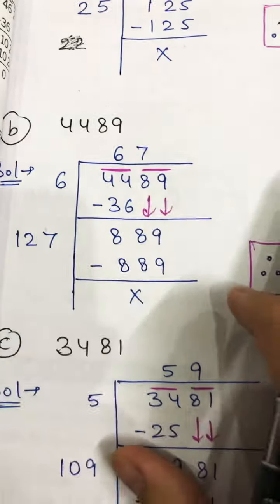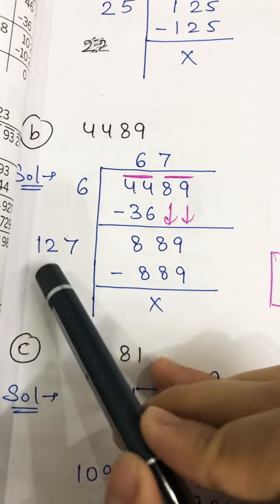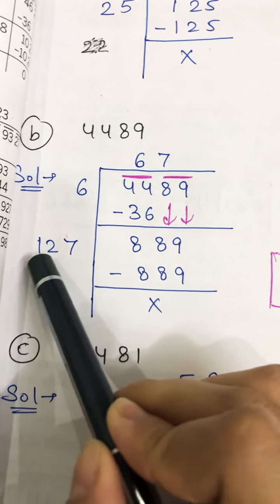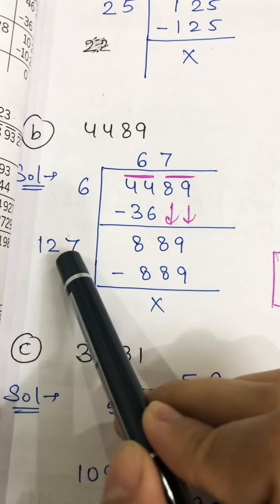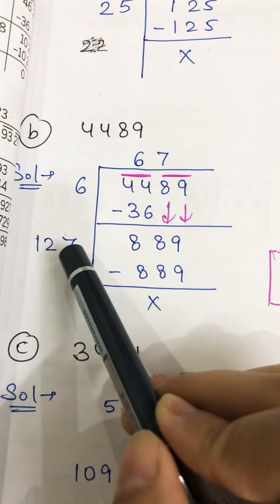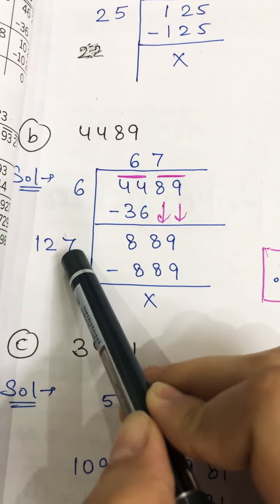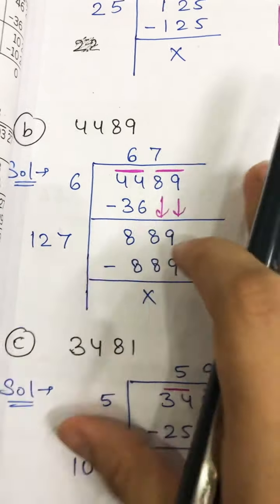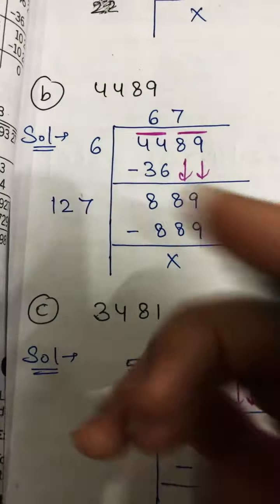Now the next step is 6 plus 6 is 12. Now I have to write one more digit with 12 and then multiply with that same digit. Suppose I write 1, 2 and 4.